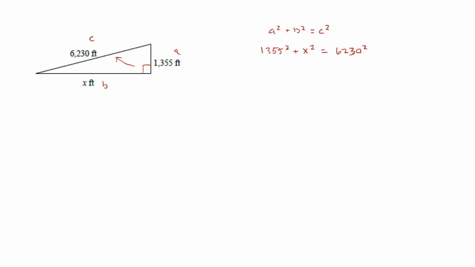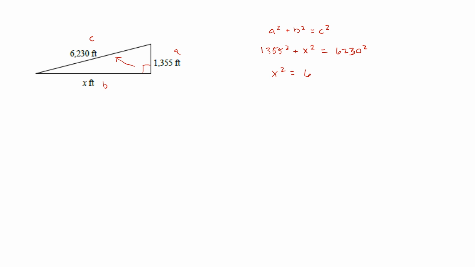Now, you are more than welcome to simplify each term and then do the same process like we did on the last problem. So I'm going to first start by getting x squared by itself. So to do that, I'm going to have to subtract the 1355 squared to the other side.